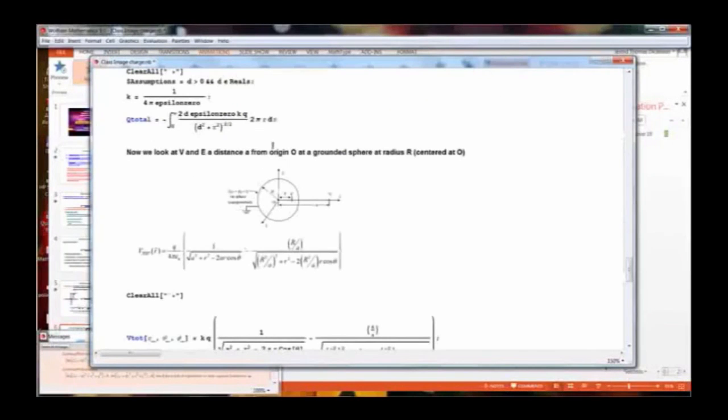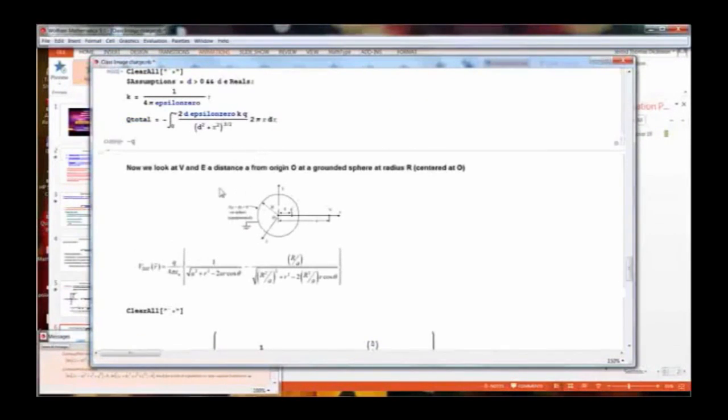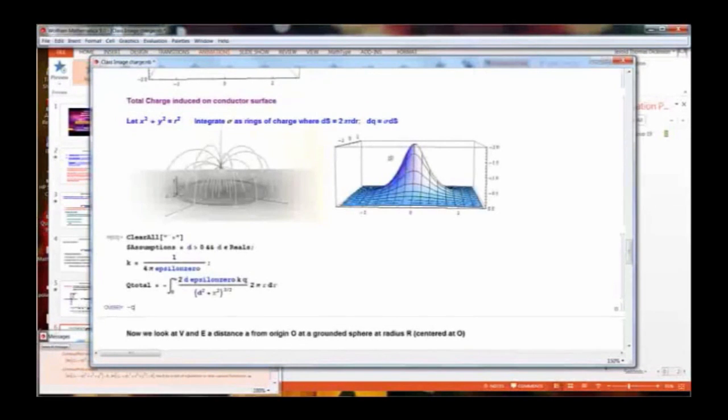Let's do that and see what we get, and we get minus q. So the total charge, the area under this curve, is equal to minus q. So the plus q induces a total charge of minus q. In this particular geometry, the image charge has the same value as the charge. That is not always the case, but in this case it is.